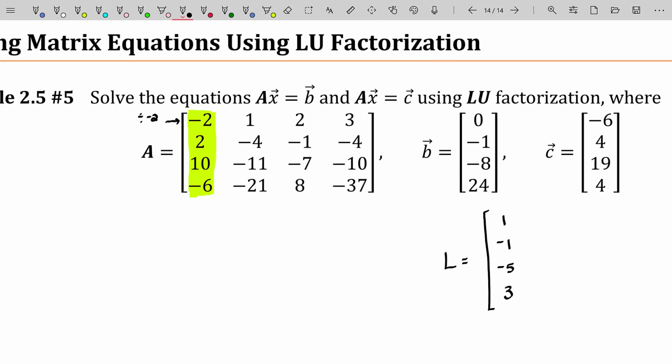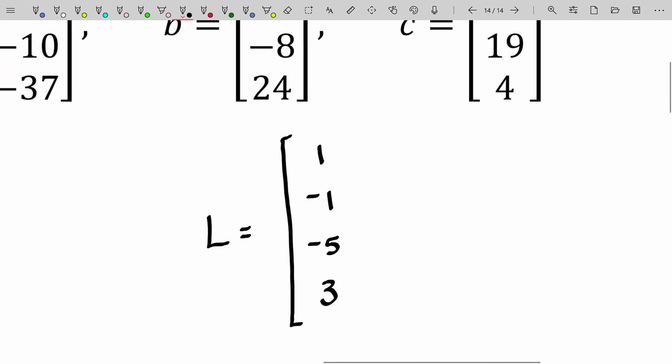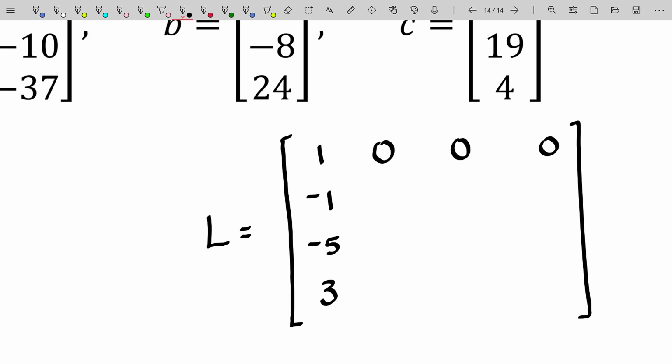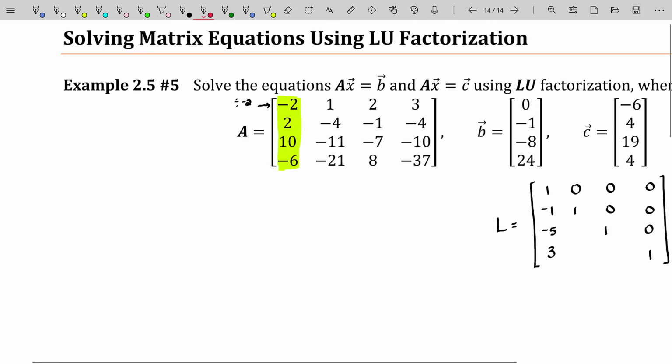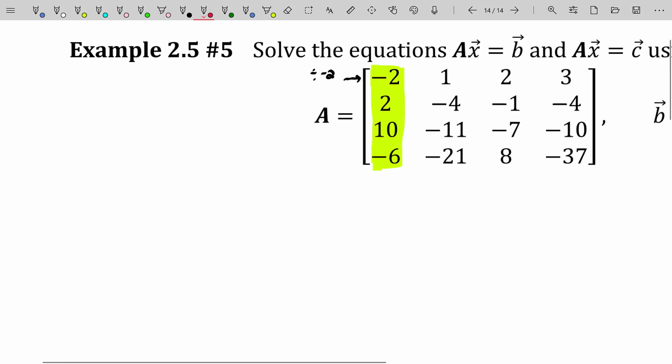Now remember, L is a lower triangular matrix. So what I'm going to do is just fill out the rest of the entries where I know we're going to have 0s and 1s. And I should also say that L will always have 1s along the main diagonal. All right, that being done, and we almost have L filled out, we'll go ahead and use some row reduction techniques.